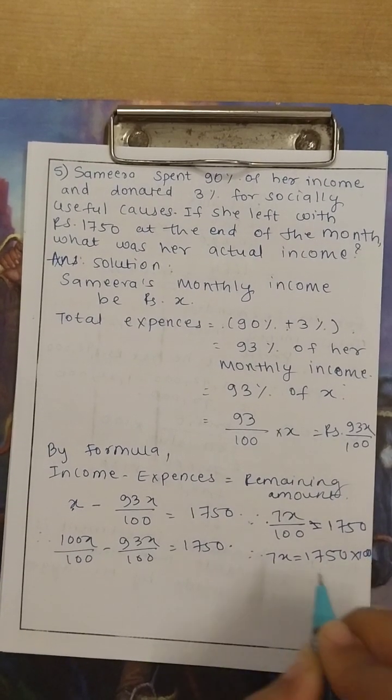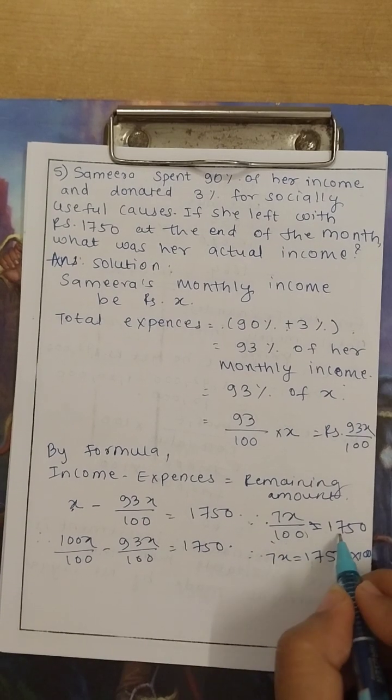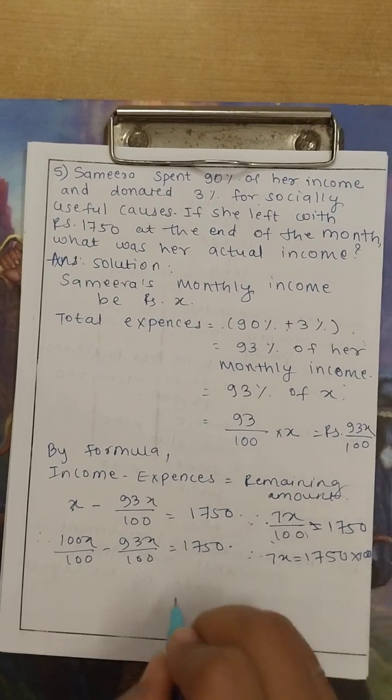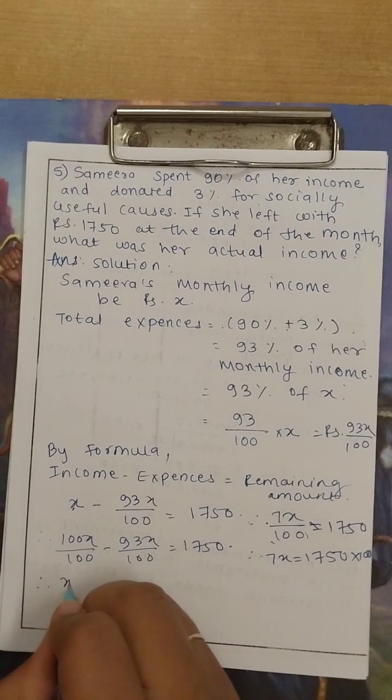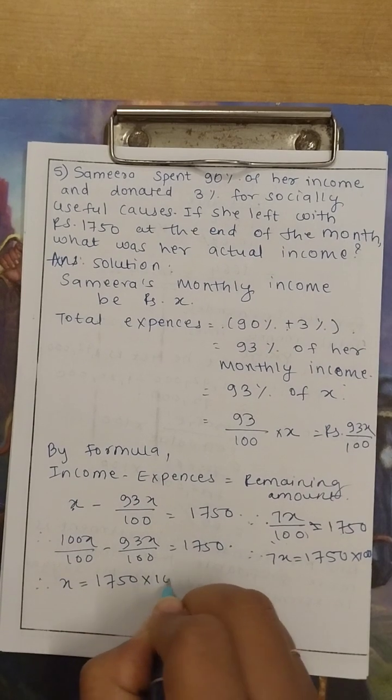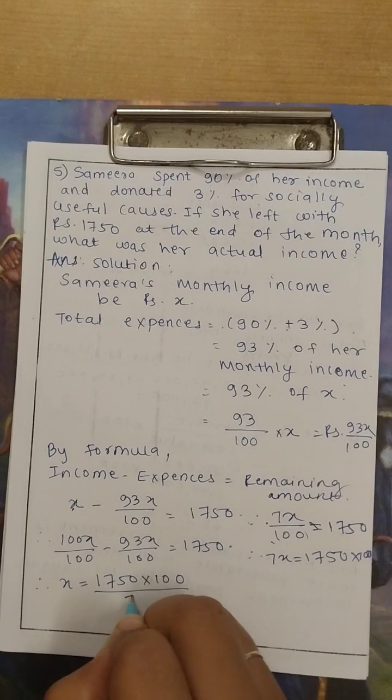7x is equal to 1750 into 100. This divided by 100 moves to the another side of is equal to sign, it become multiplied by 100. Therefore x is equal to 1750 into 100 upon 7.